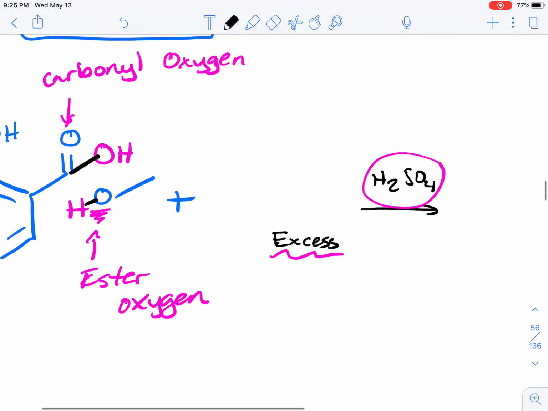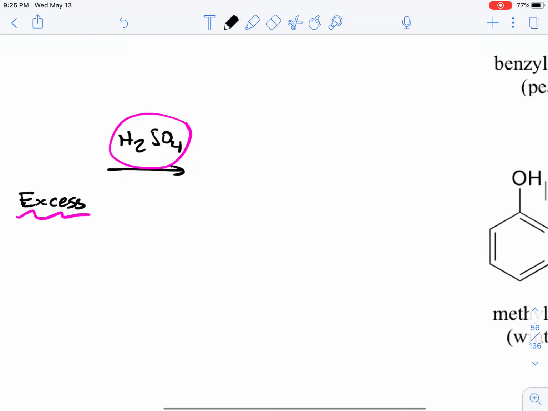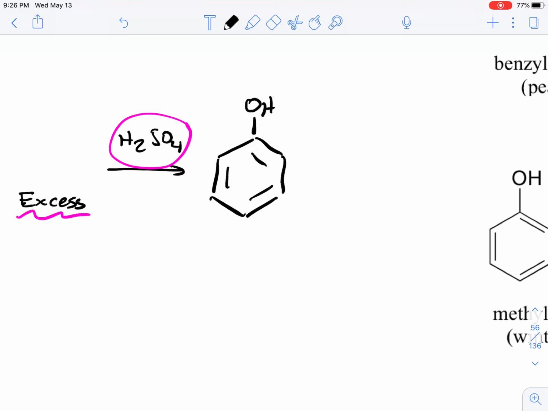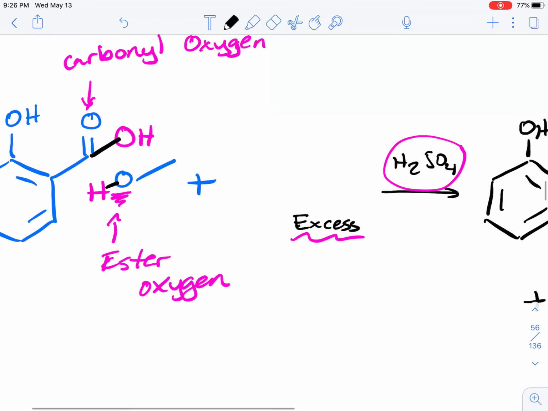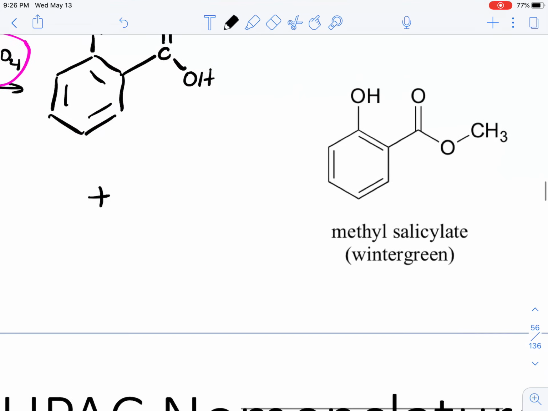And so the final product is going to be this benzene ring, this phenol, if you will, with a carboxylic acid. And the second product that we're going to produce is going to be a 1-carbon alcohol. So that's methanol.